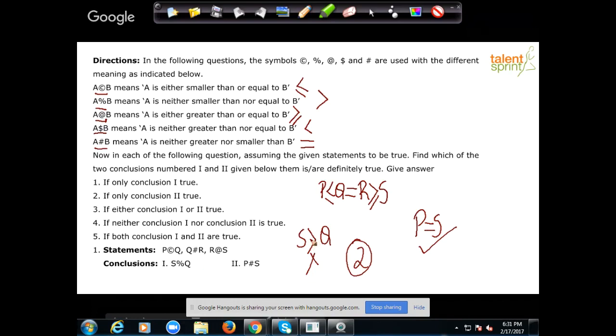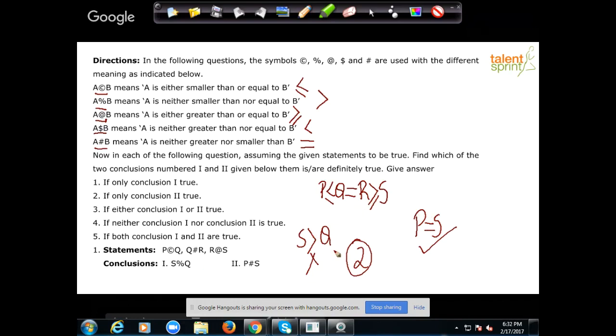First conclusion is S percentage Q, which means that S is actually greater than Q, which is a big discrepancy from what has been given to us here, because we know that S is actually smaller than Q and R both. Therefore, this will not hold.